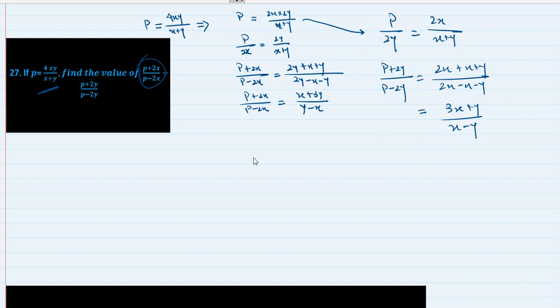Now we have to find the value of p plus 2x upon p minus 2x, minus, hey, is it minus or plus? It's plus, I'm sorry, plus p plus 2y upon p minus 2y. So what is p plus 2x upon p minus 2x?